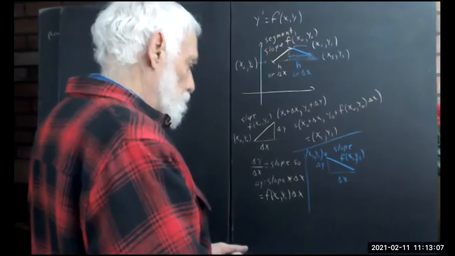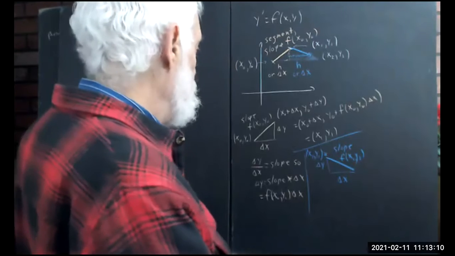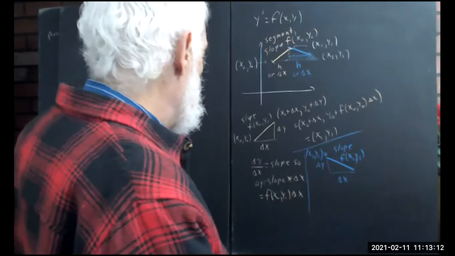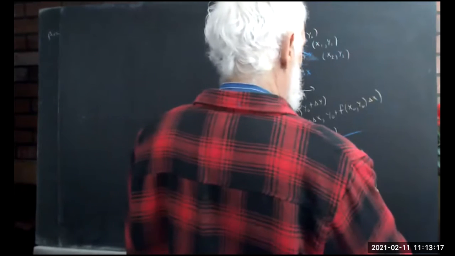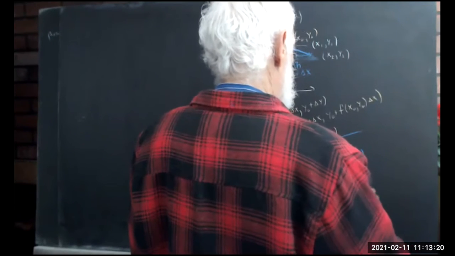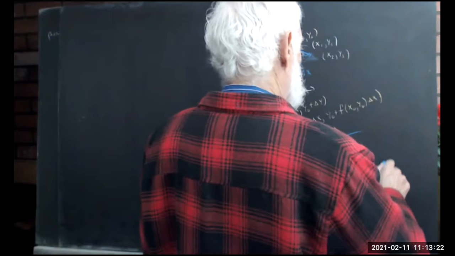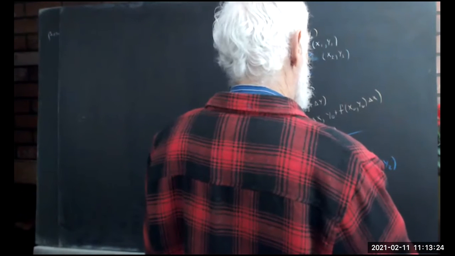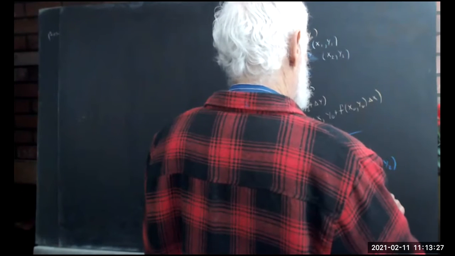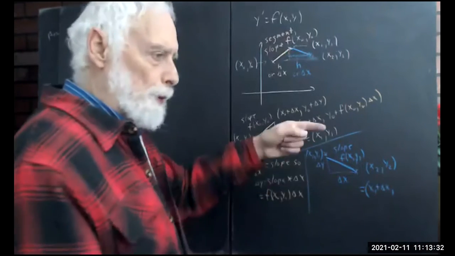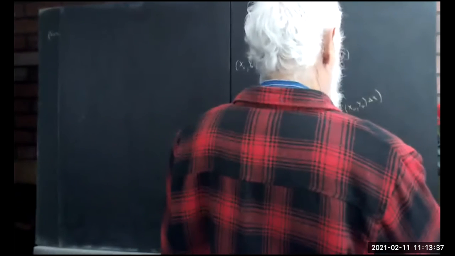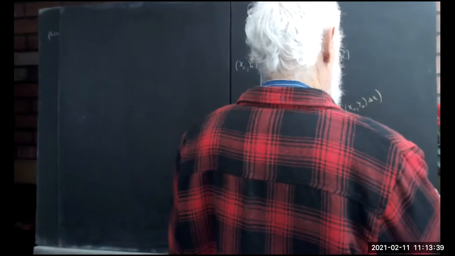So now we conclude, and I'm not going to write out all the details, that coordinates at this point are going to be, well, we're going to call it x2, y2. And that's going to be x1 plus delta x. Y2 is going to be y1 plus the new delta y.